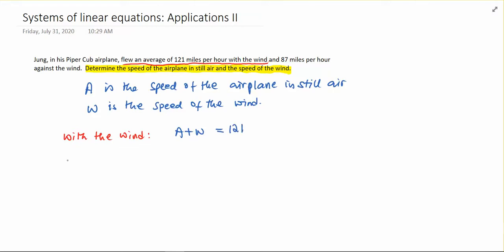Against the wind, against the current, like we saw in the previous example, the two speeds subtract. Just make sure that the object is first.